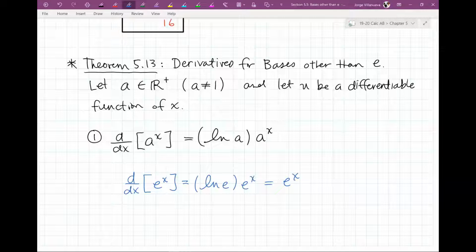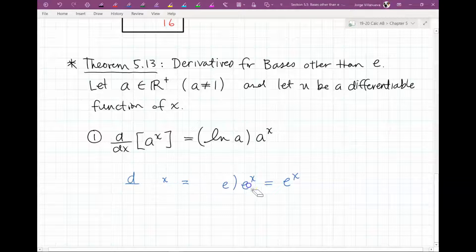So this does work for the derivative of e, but they just didn't show it to us now. They showed it to us before. So if you ever forget the derivative of e to the x, which I hope you don't, you can do it this way, and you still will get it. I'm going to erase it really quick because that's not something we need to worry about. You already have that in your notes from before.